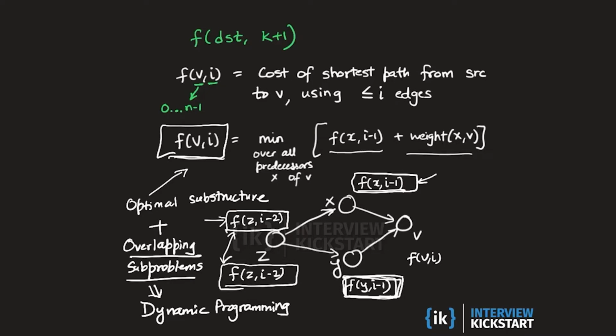The number of hops could vary from 0 all the way up to k plus 1. We can't go beyond k plus 1 hops. So in terms of the combination of the two parameters, there are n choices here and there are k plus 2 choices here. So this means we have n multiplied by k plus 2 unique subproblems to solve.